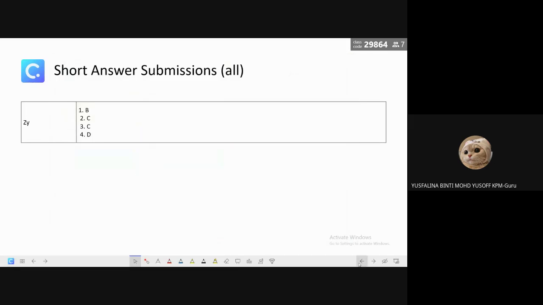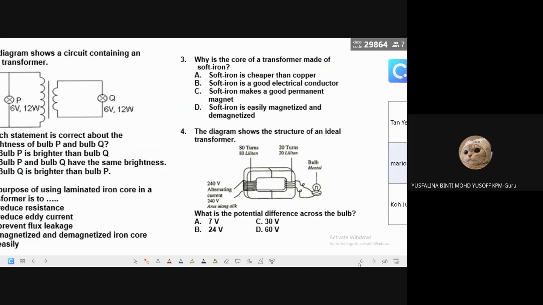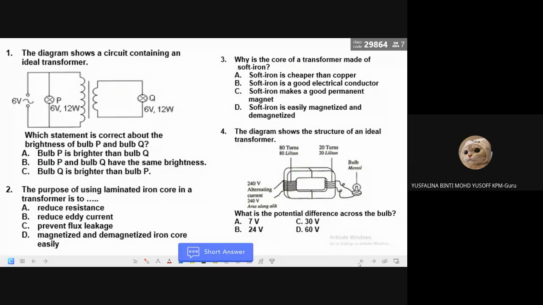All right, so let's discuss the questions. The diagram shows a circuit containing an ideal transformer. What does it mean by ideal transformer? It means the power input is the same as the power output, so there is no loss of energy.